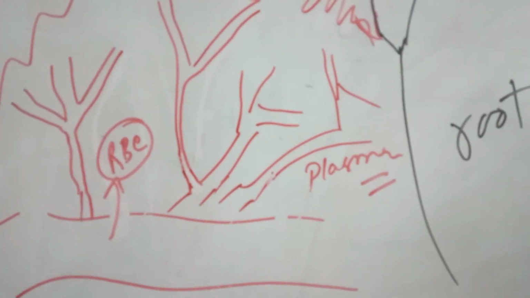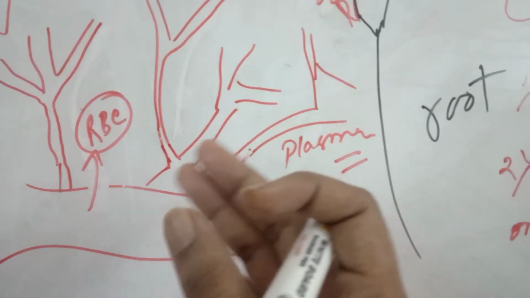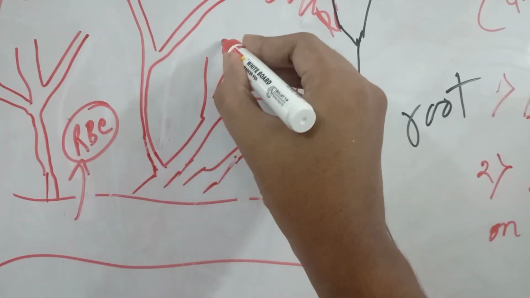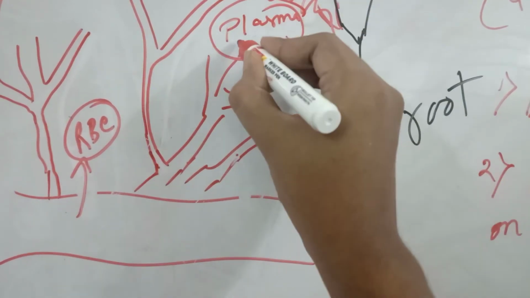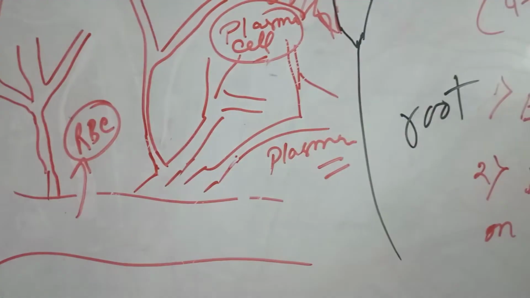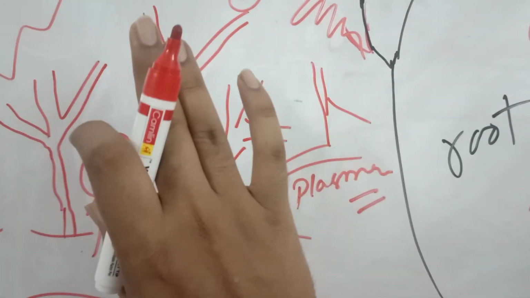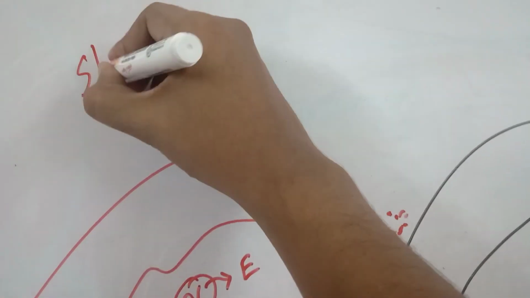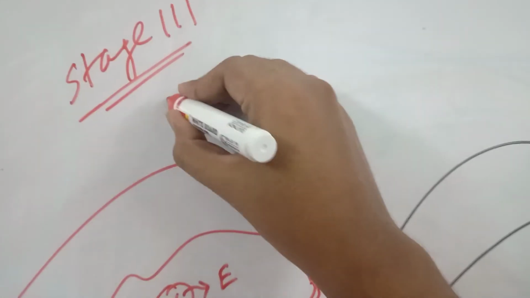In stage 3, along with other cells that were present earlier, like neutrophils, lymphocytes, macrophages, and monocytes, plasma cells will predominate in stage 3. So in the clinical picture, due to plasma infiltration, in stage 3 or established lesion, you can see edema.